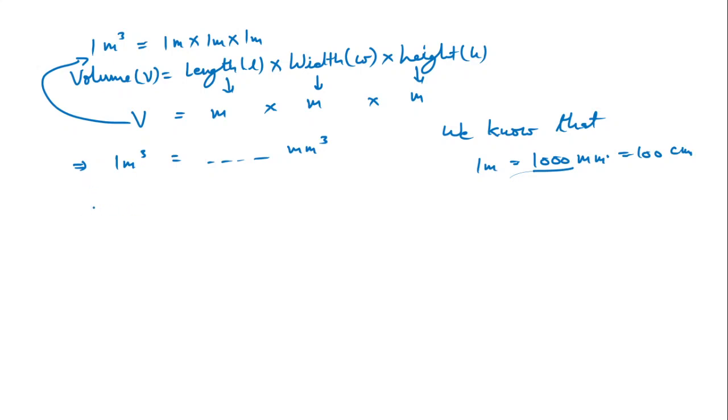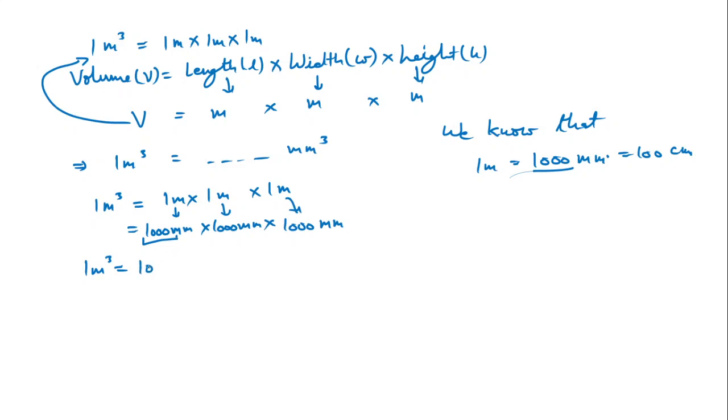So 1 meter cube, we have already stated, can be written as 1 meter into 1 meter into 1 meter. Now 1 meter can be written as 1000 millimeter, so we write it as 1000 millimeter into 1000 millimeter into 1000 millimeter. Now this 1000 can be written as 10 to the power 3.